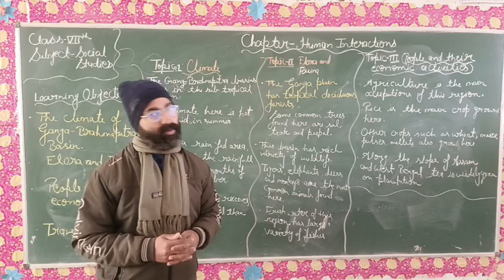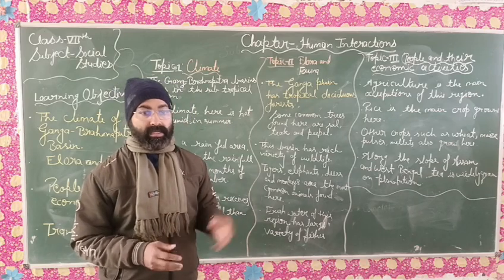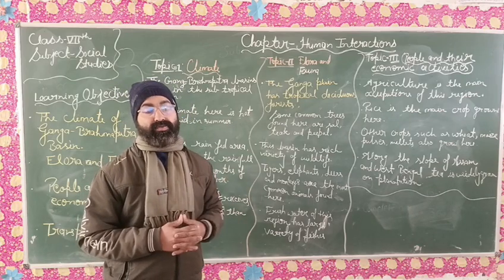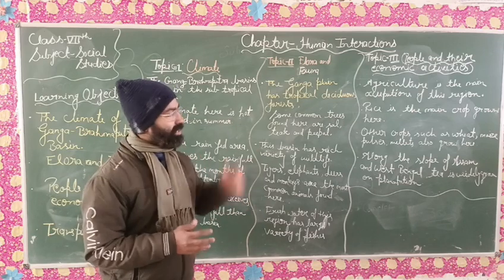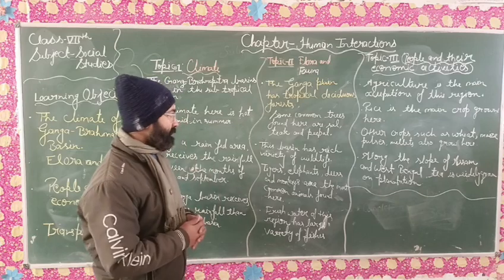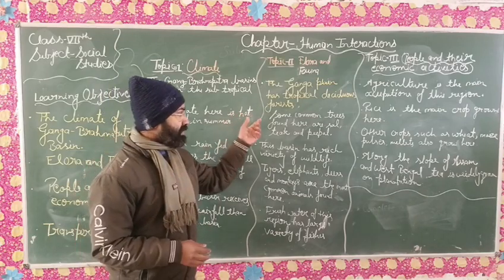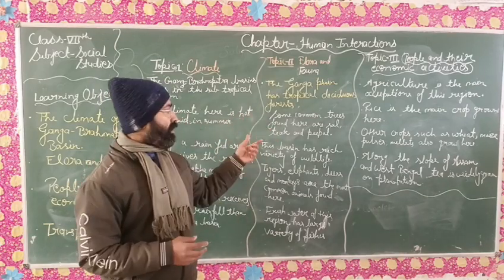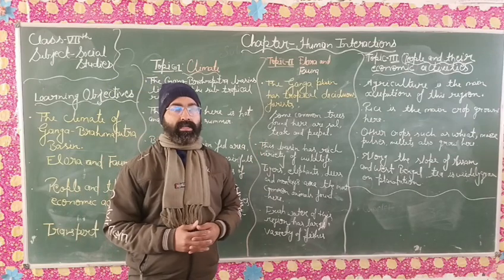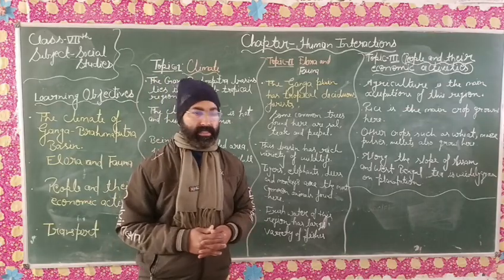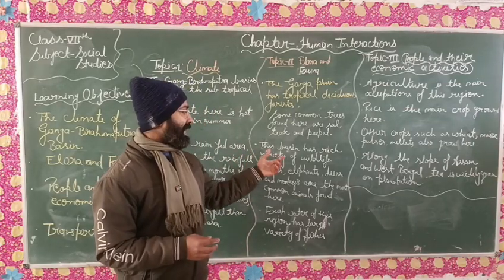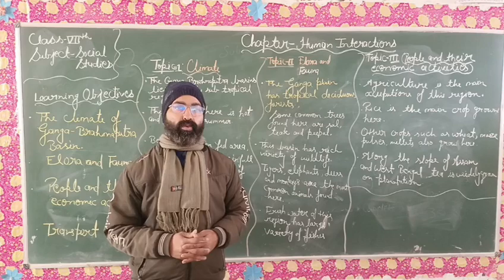I have already told you about the deciduous forest: the trees which shed their leaves according to the seasons, that's why they are called deciduous forest. Some common trees found here are sal, teak, and peepal. This basin has a rich variety of wildlife.